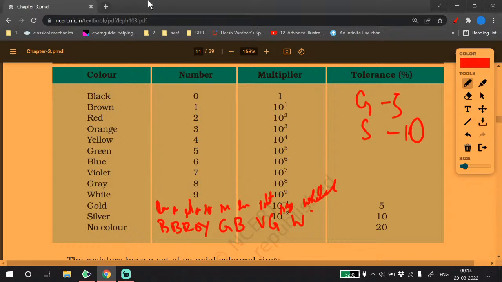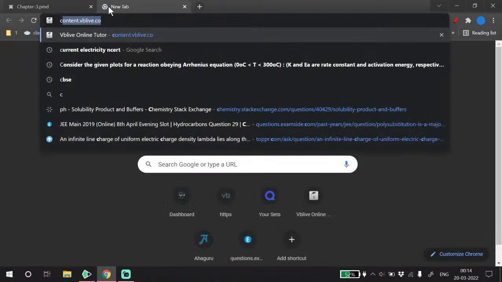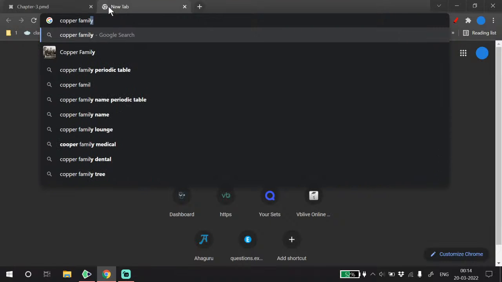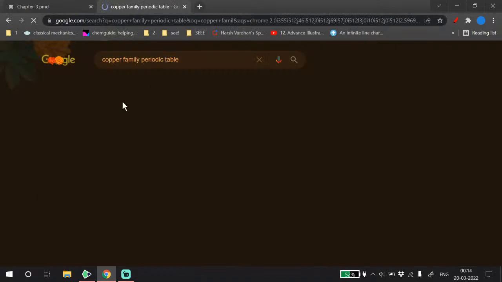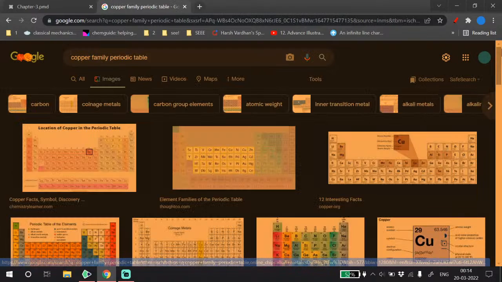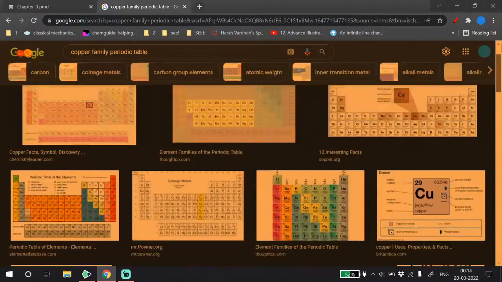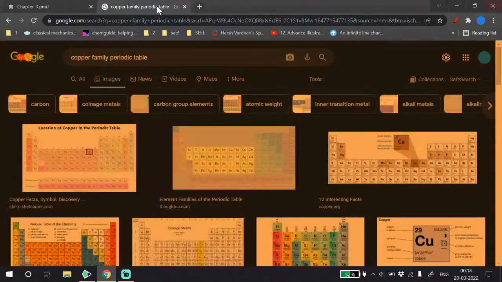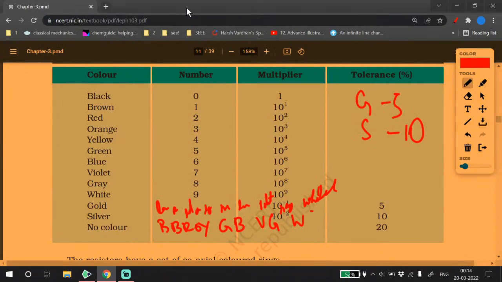Also, you could see that once again. Somehow associate copper with the number 10, and gold is also under copper in the same group, silver is also under the same group as copper.